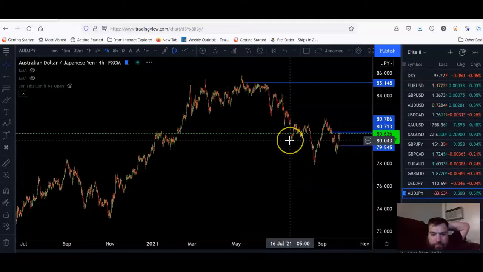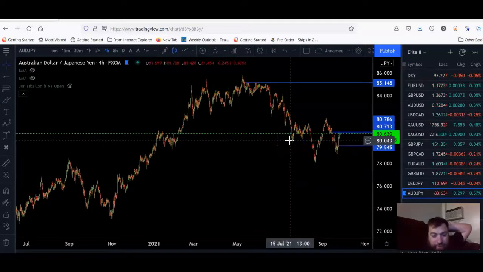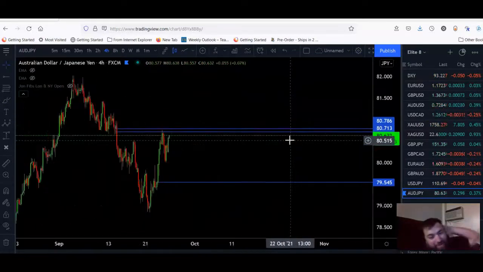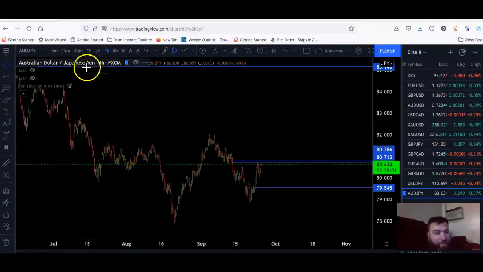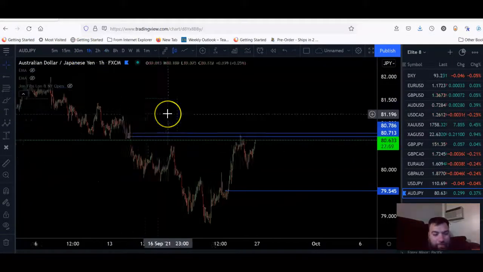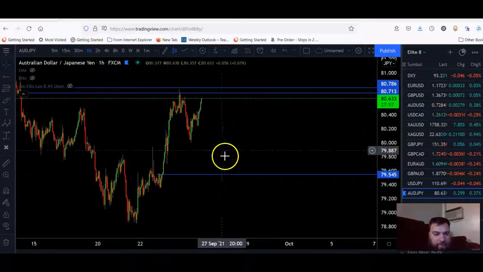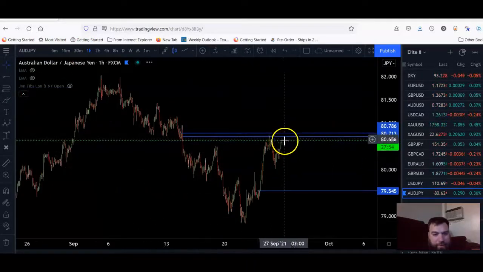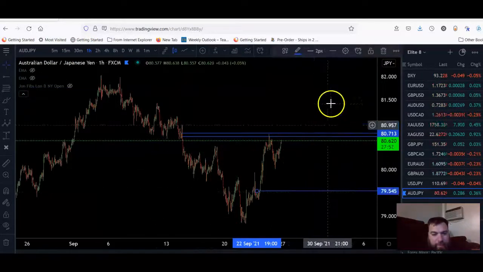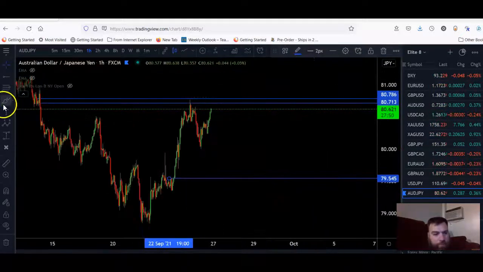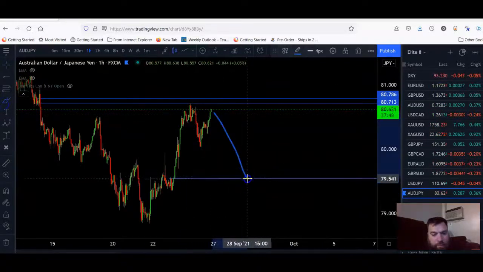Now, the Australian JPY, which I don't really trade much either, but I like to see price come back down here and then go up.